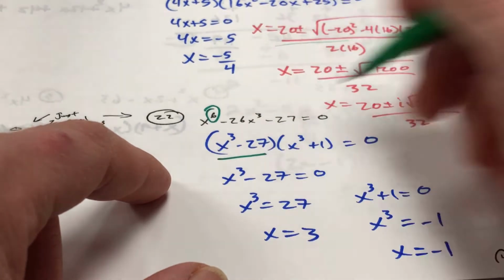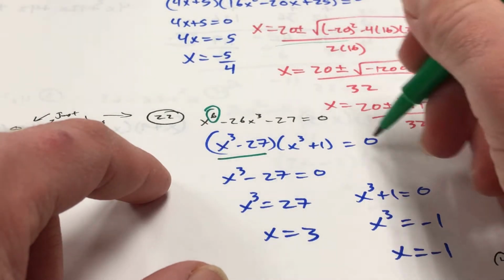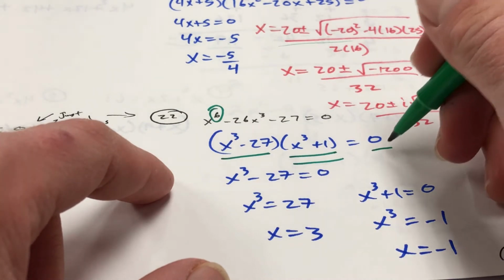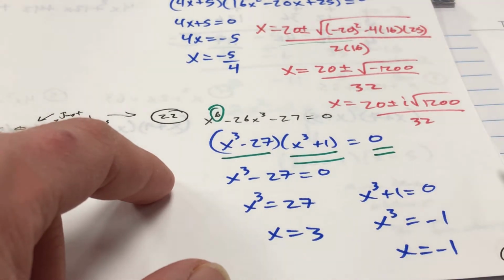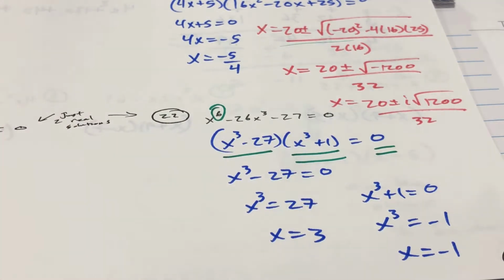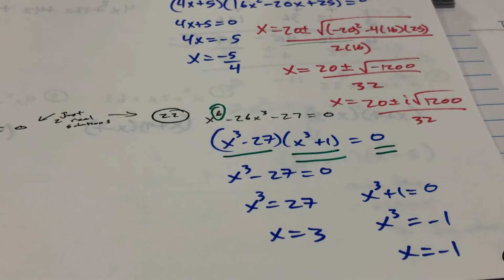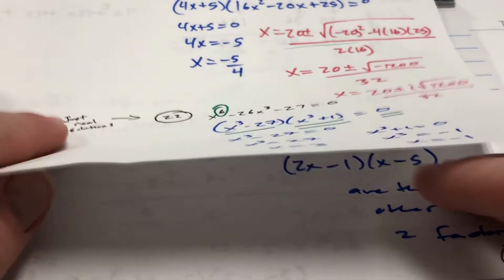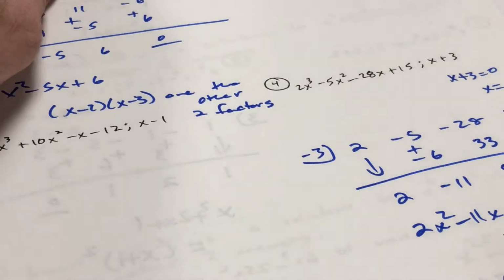I said x to the third minus 27 equal to 0. I said x cubed plus 1 equal to 0. Move the negative 27 over, move the positive 1 over, take the cube root of both. 3 and negative 1 are my 2 real solutions. I'd use the quadratic formula 2 other times to get the 4 other imaginary solutions.